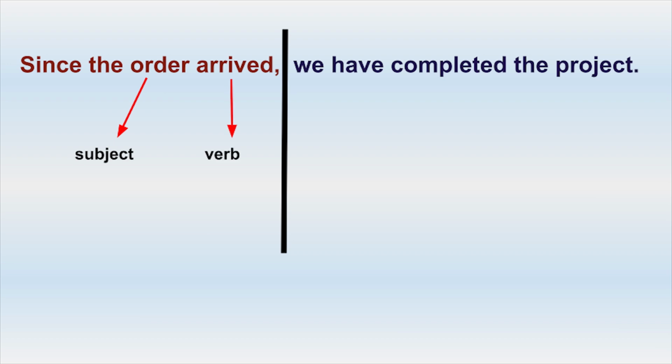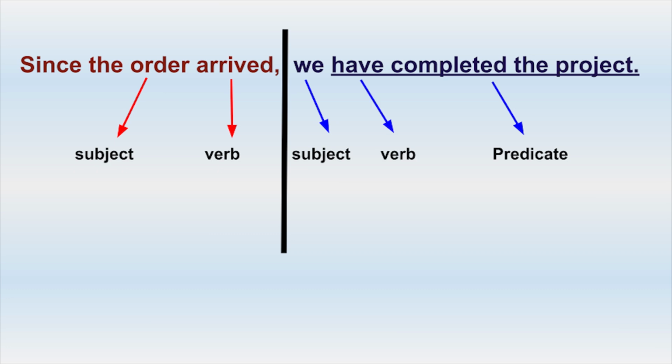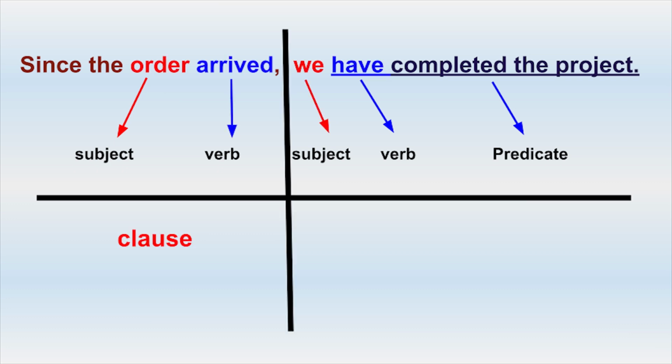We have completed the project contains the subject we and the predicate have completed the project, which contains the verb have. These two parts of the sentence, each of which contains a subject and a predicate, are called clauses. Since the order arrived is a clause and we have completed the project is a clause.